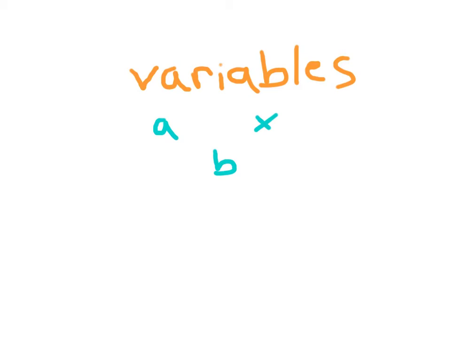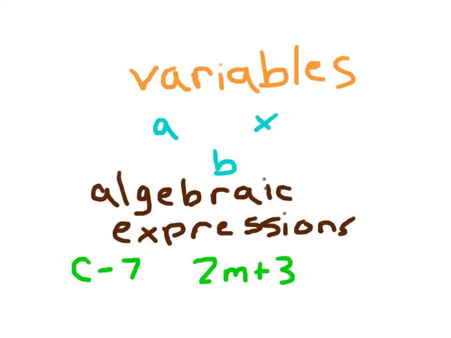It's variable. The other thing that we have worked with is algebraic expressions, like c minus 7 or 2m plus 3. And in that case, we learned how to evaluate those algebraic expressions when we knew the value of c or we knew the value of m.